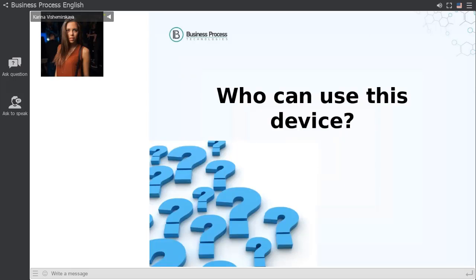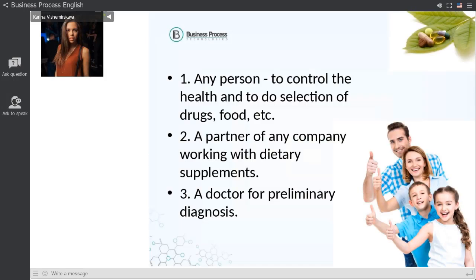Who can use this device, Life Expert or Life Expert Profi in Life Expert mode? Any person to control their health and to do the selection of drugs, foods, cosmetics, for example. A partner of any company working with dietary supplements, because the supplements can be tested and the samples of the supplements can be delivered to the company totally for free, added to our database, which is very amazing.